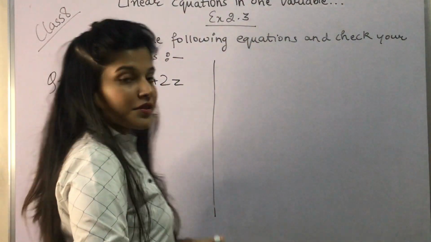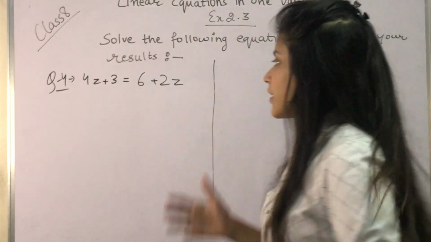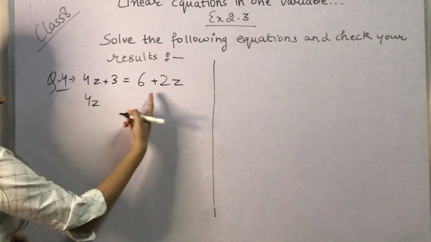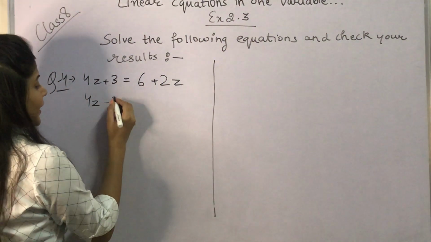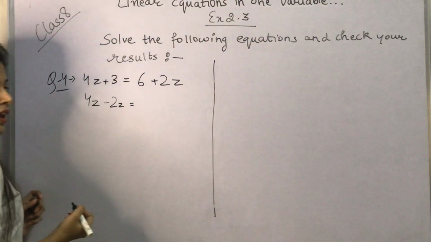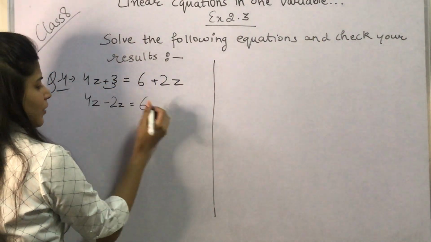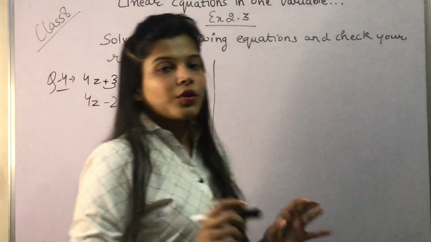Now again our first step is to take the variable terms on one side and constant terms on the other side. So 4z as it is, 2z is positive, so it will become negative when it is transposed. Equal to as it is, 6 as it is, and positive 3 becomes negative 3. Alright, so we have transposed both the terms.